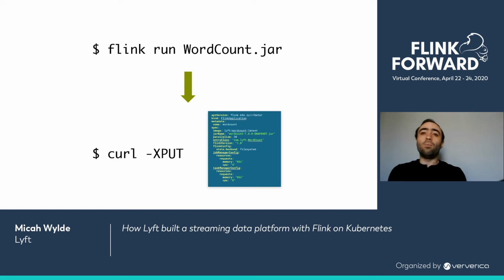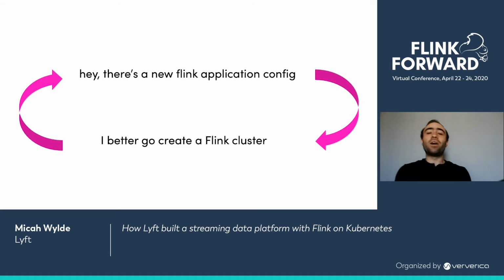For example, to run a new job using the command line tools, you'll call this Flink Run command with a jar. It'll submit it to a job manager, which will fan out the work to all of your task managers. In Kubernetes, you define your configuration, you put it to the cluster, and then in the background, the operator sees that there's a new configuration, it goes and creates the cluster, submits the job.